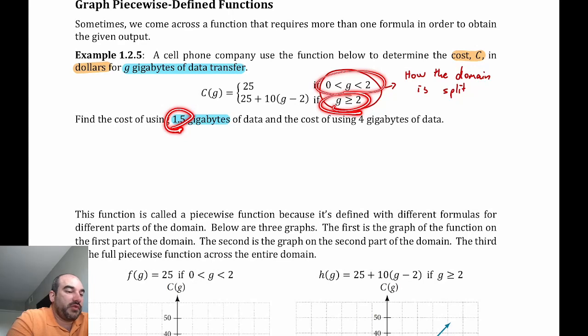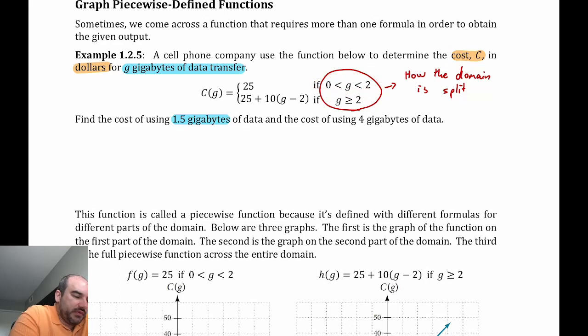The first one. First one, thank you. So then that means we're going to plug 1.5 into the first piece of the piecewise function, because it's between 0 and 2. Okay.